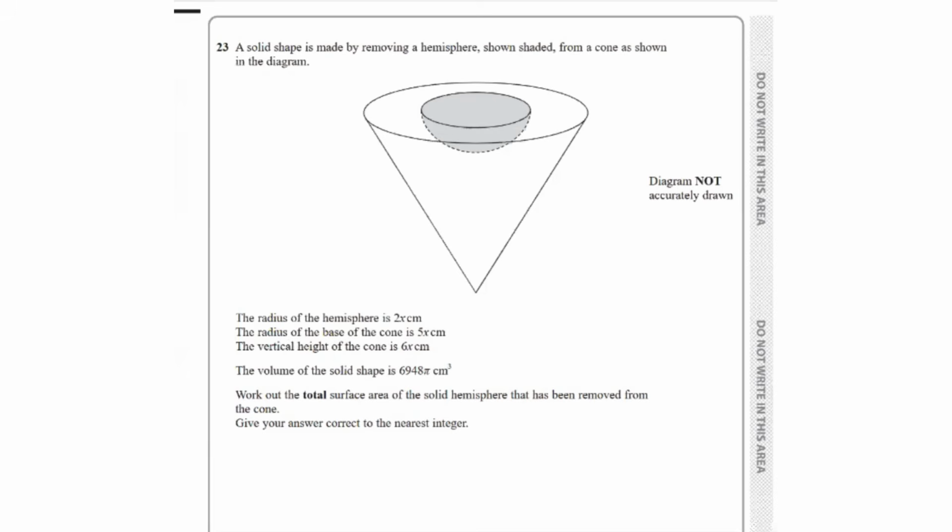So we know that this is 2x and this is 6x. This is 5x. So this distance would be 3x. Vertical height of the cone is 6x.